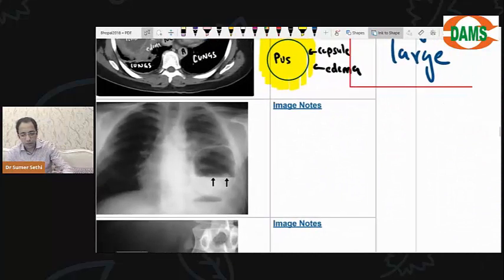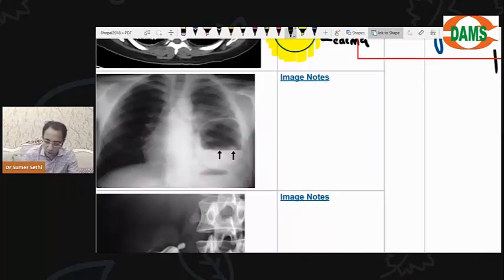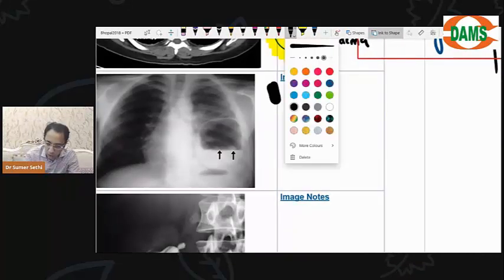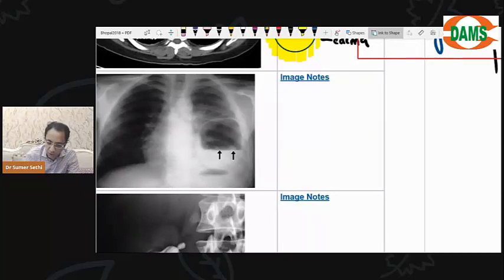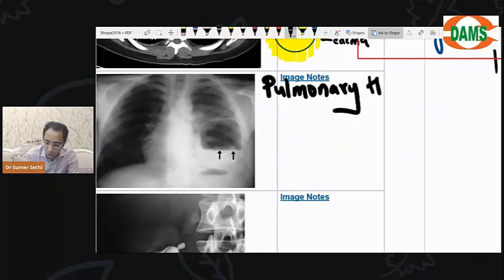Now let's see. My question now is, can you have hydatid in the lungs? We were studying the chest x-ray, so we need to come back to the lungs. Do you have pulmonary hydatid?